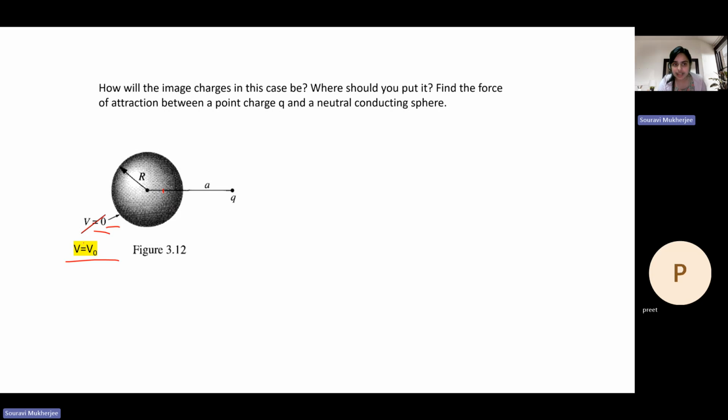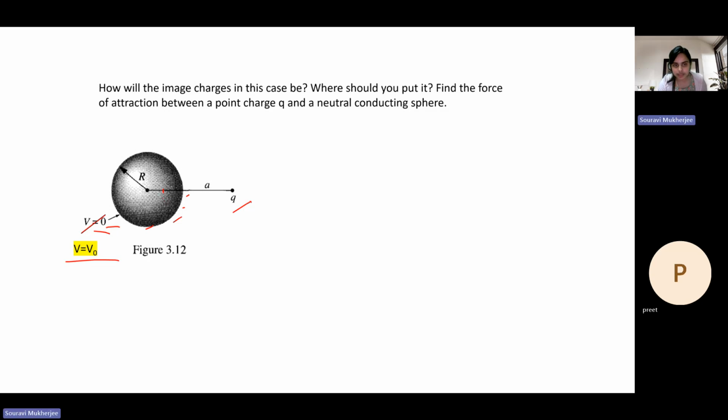So now you have to basically have a combination of charge which sets the potential on the spherical surface to V naught, and anywhere too far the potential goes to 0. This is your boundary condition. So what is the new change in the charge distribution that you have to do, right? So here you have to see that first, normally because of this Q charge, there'll be some induced charges somewhere here, all throughout this region.